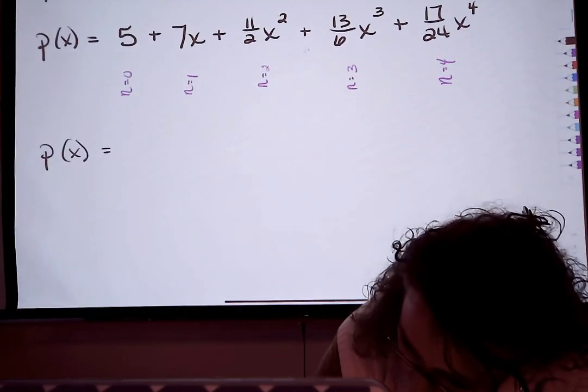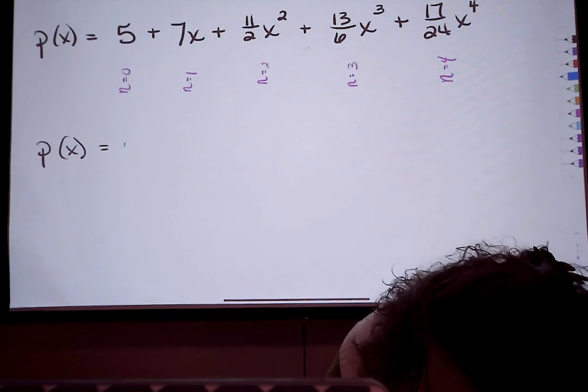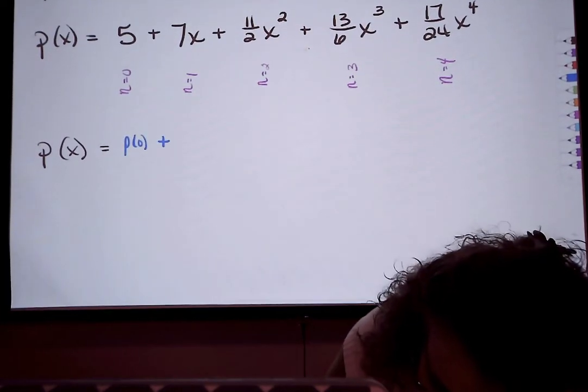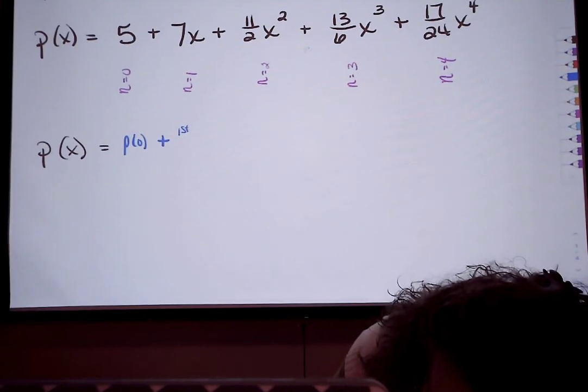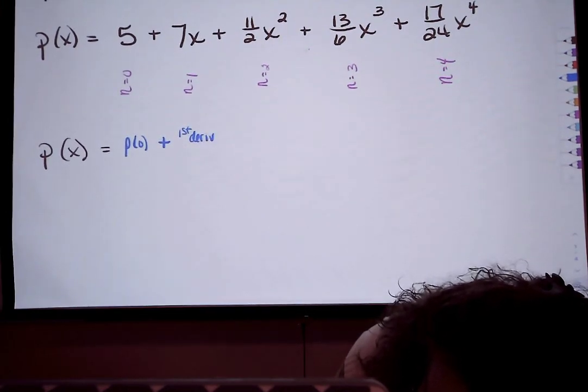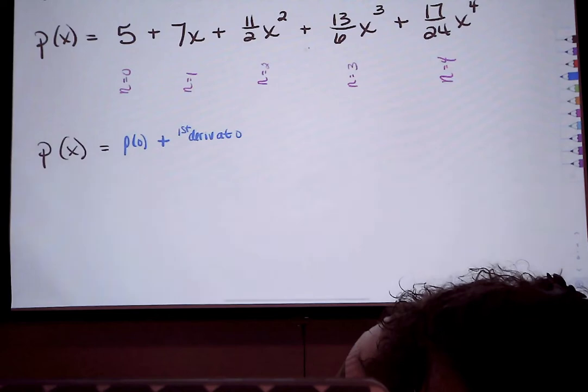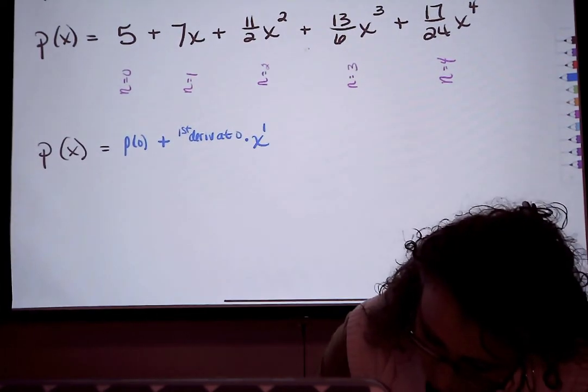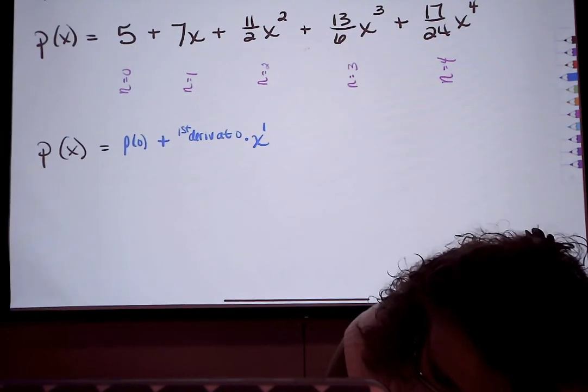Okay, so let's describe some of this. The first one is p of 0. My second one is my first derivative at 0 times x to the first. And I'll go ahead and put these over 1.